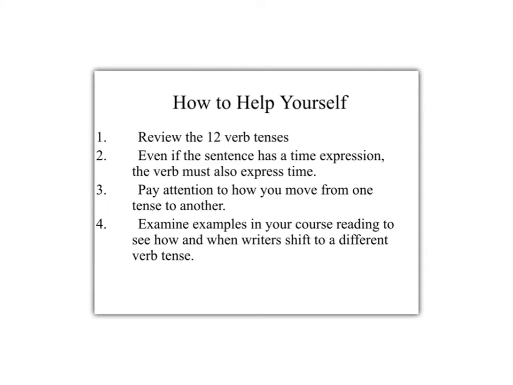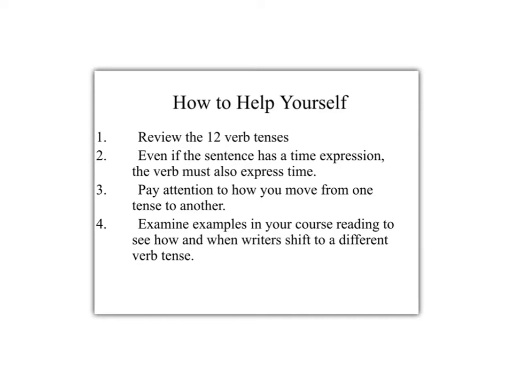One thing, finally, that will help you pay better attention to your own writing is to start looking at other people's writing to see examples of how and when writers shift to a different verb tense. One thing you will notice as you start to examine examples of other people's writing is that if a writer is unclear with their verb tense, it makes it very difficult to understand what they have written.